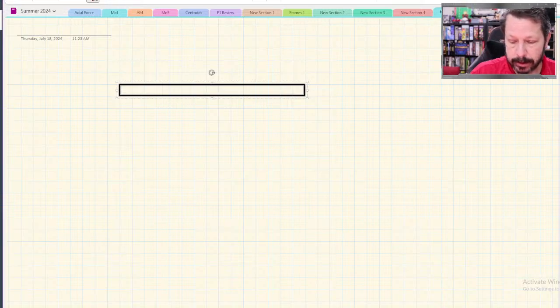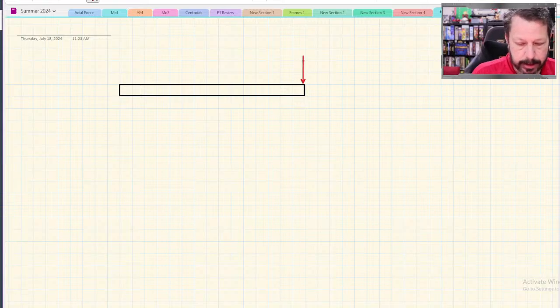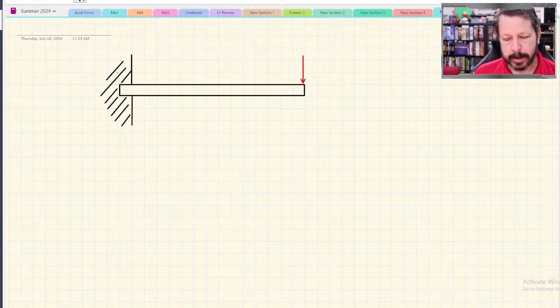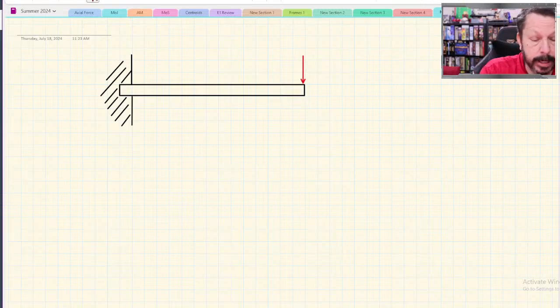I'm going to put one as a point load, and this is a cantilever beam, by the way, so I've got this thing embedded in a wall somewhere. Something like that. And we'll actually use numbers this time instead of just variables.